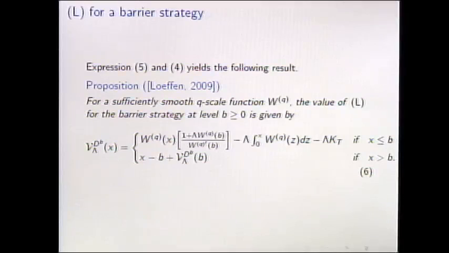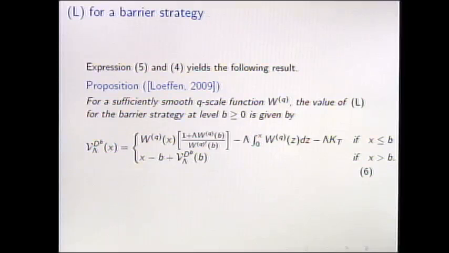So if we combine all this together, indeed, we have that if I choose a barrier strategy at level b, then the Lagrangian function for that strategy is just this, and everything is in terms of the q-scale function.